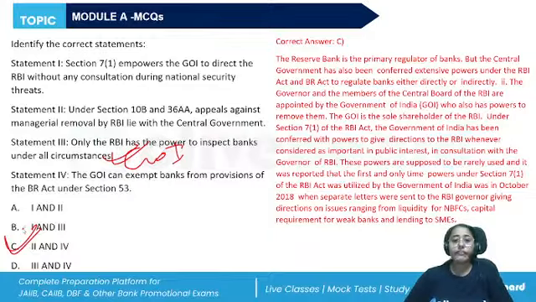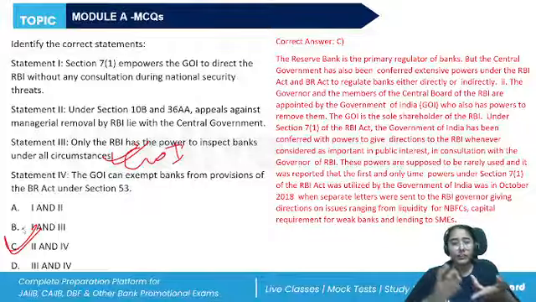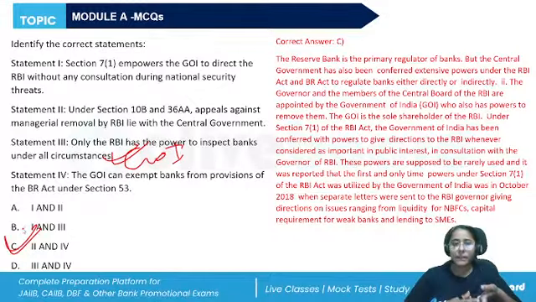All right. So if we are talking about the inspection, the returns, inspection, winding up, merger, right? Also submission of returns of the accounts and balance sheet, return of assets in India, unclaimed deposits, monthly returns. If we are talking about an inspection, inspection can be conducted by RBI. It conducts the annual financial inspection.